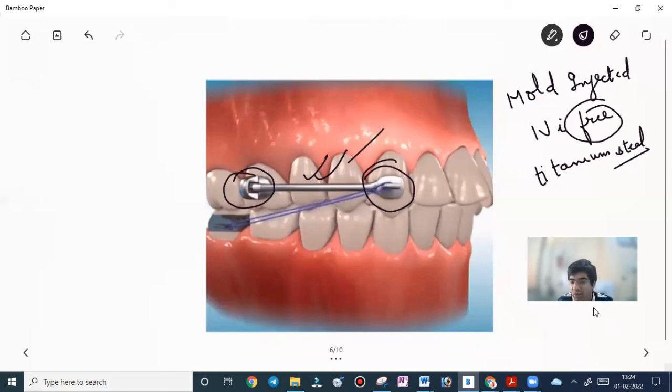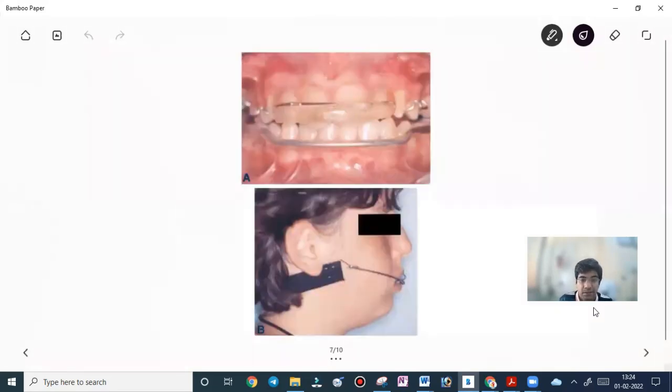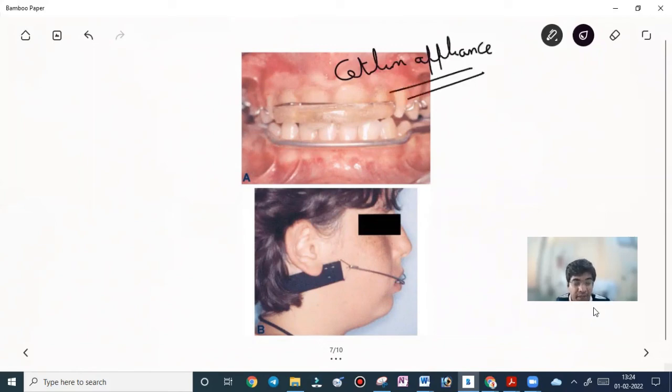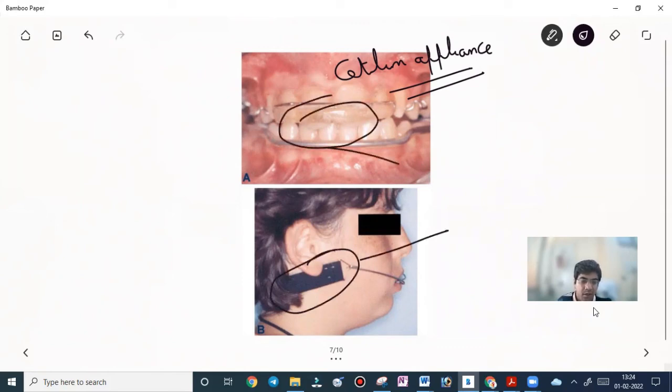Now, what are the removable appliances that we can use for molar distalization? First is the Kloehn appliance. This appliance involves a combination of extraoral force and intraoral force in the form of a removable appliance.